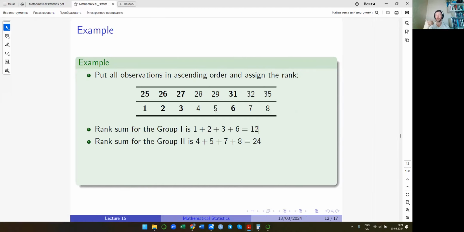Now, let's look at this table and understand the idea of the Wilcoxon test. Look, 3 observations are located to the left of the rest of the observations, right? The observations of the second group are located somehow to the right, and the observations of the first group are located to the left, except for this one. 31 is somehow in the middle.